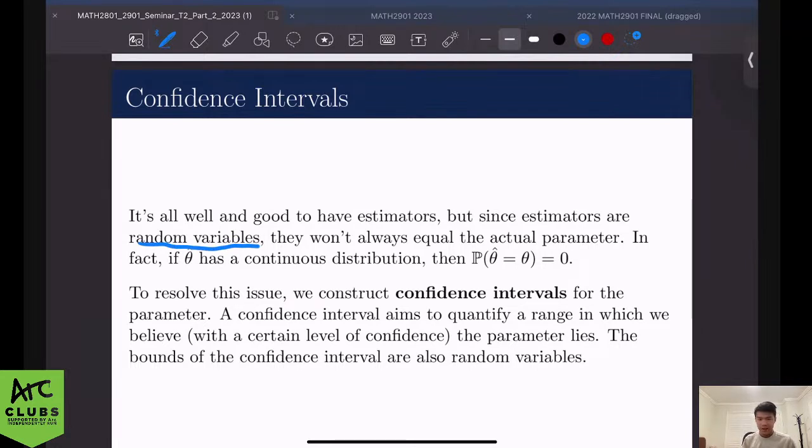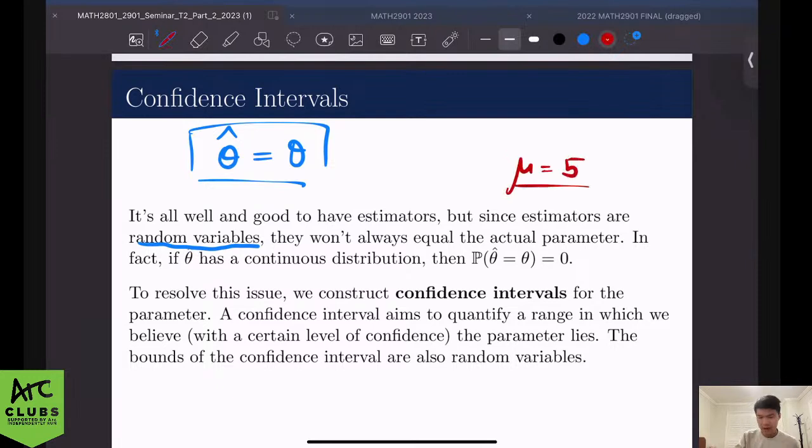You won't always have the estimator equal the actual number. In statistics you can never say anything for certain. You can never say I did an investigation, now I know that mu is equal to 5. That's not really something you can do because you're never going to be sure, right?